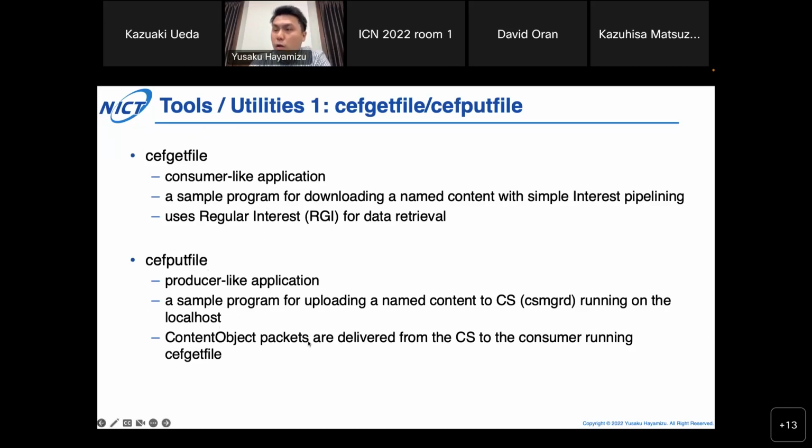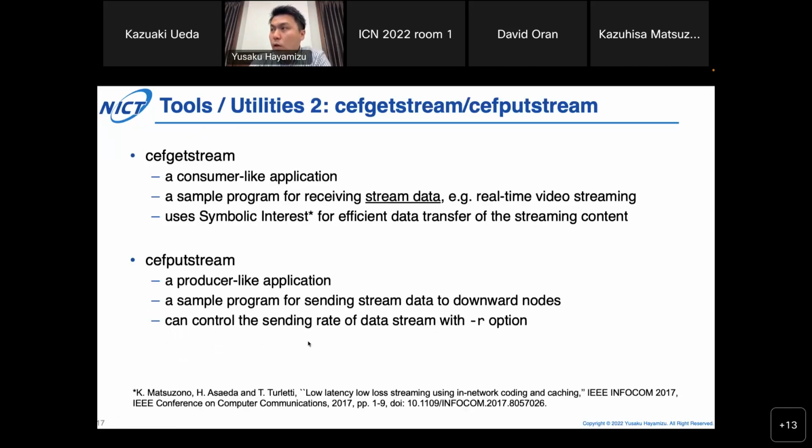These are some of the utilities, and we also provide utilities for sending and receiving stream data. That is cefgetstream and cefputstream. Cefgetstream is a consumer-like application and a sample program for receiving streaming data, such as real-time video streaming.